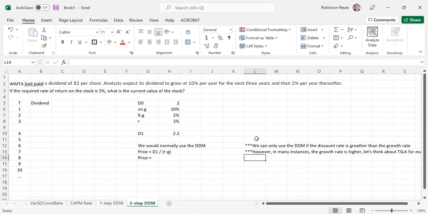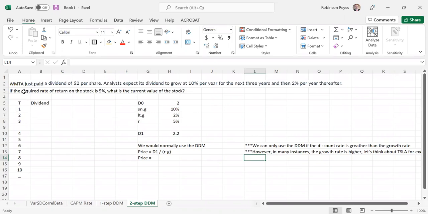These companies are at an accelerated growth, and we are seeing this huge growth occurring every year. In the case of Tesla, we don't have dividends, but if you look at the growth in the revenues, the earnings or the cash flows, you will see that these firms are growing rapidly. And this growth rate may be higher than the discount rate. So what do we do with these firms?